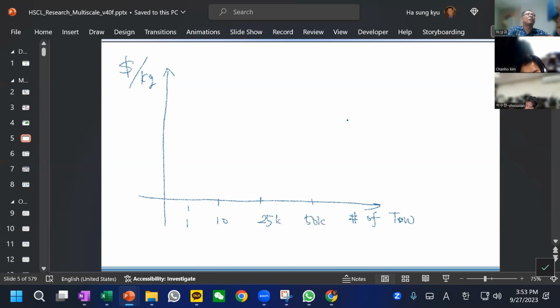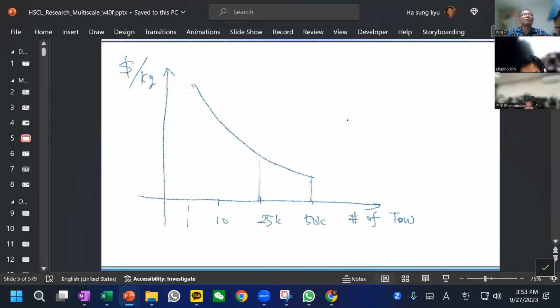The price per kilo will be significantly dropped, like this. I would say very much drop. So sometimes 24K and 50K is almost double price. Not double, this price will be about 70% of this or something.